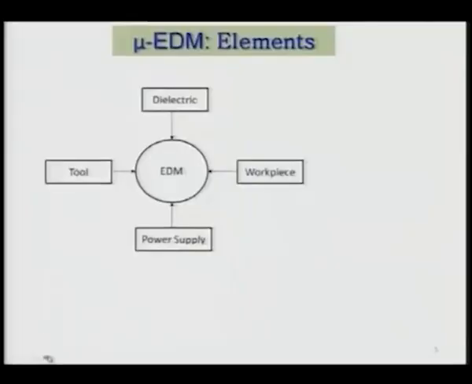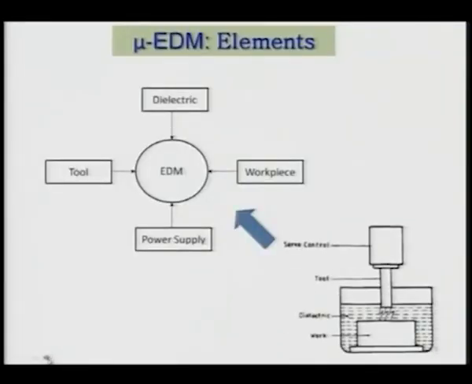The workpiece material should have a certain minimum conductivity, only then can you use this electric discharge micro machining process. And for filling up the gap between the tool and the workpiece we use the dielectric, and there are various kinds of dielectrics which I will tell you about. To make the whole circuit electrically conducting we have a power supply.